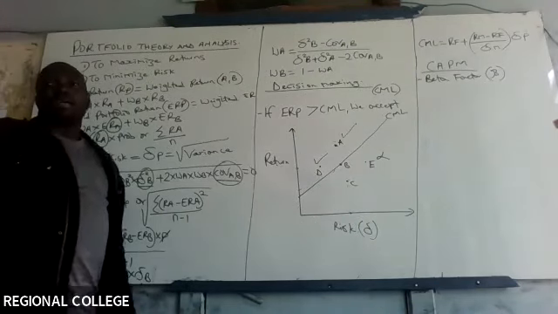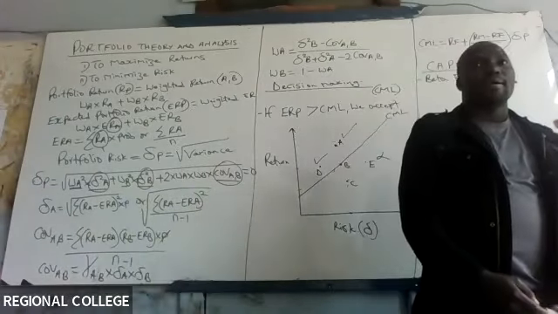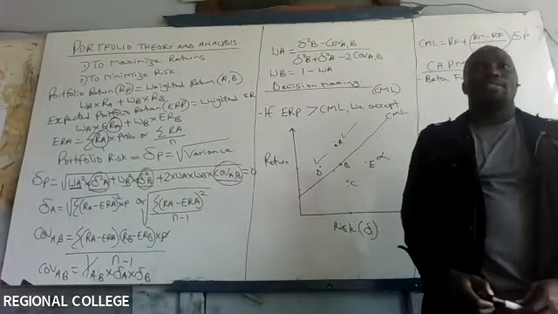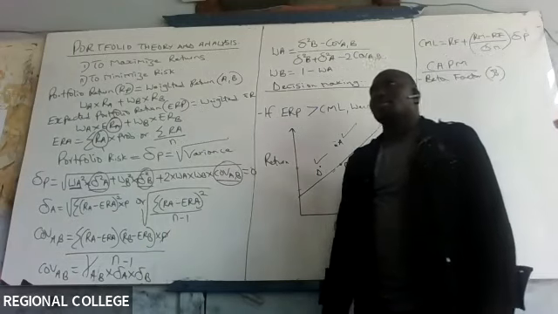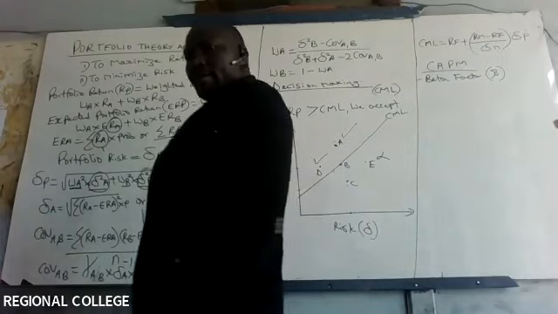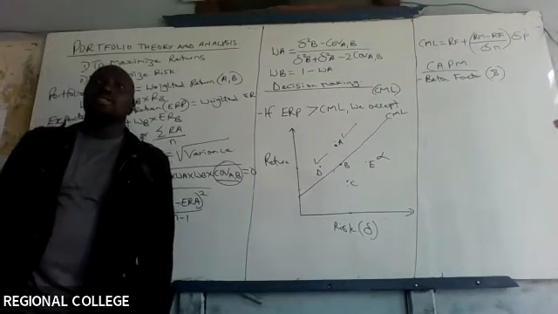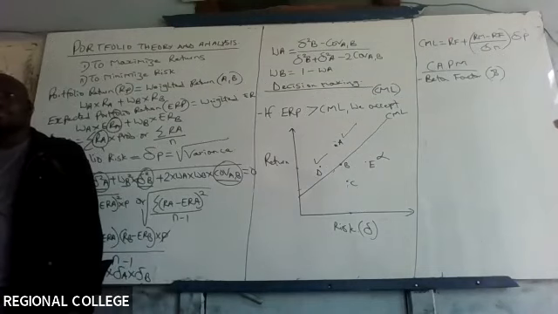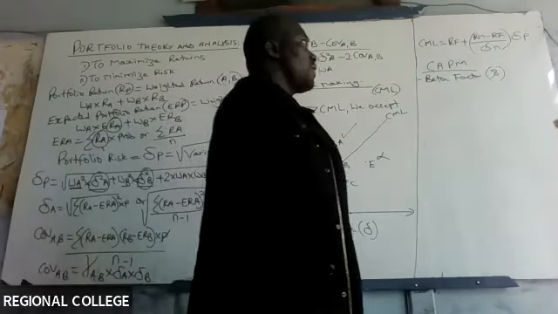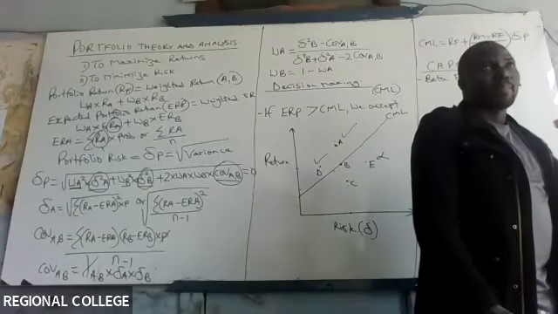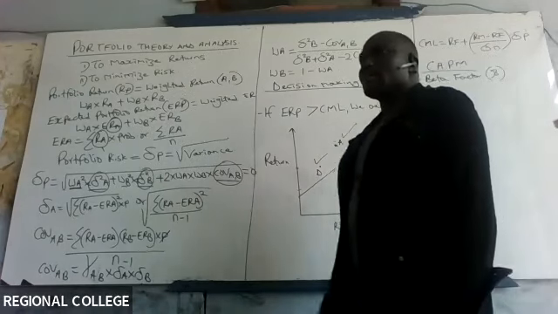Then you say beta refers to the sensitivity of security returns to the returns of the market portfolio. So you're comparing that security with the market. And it is calculated using the formula.